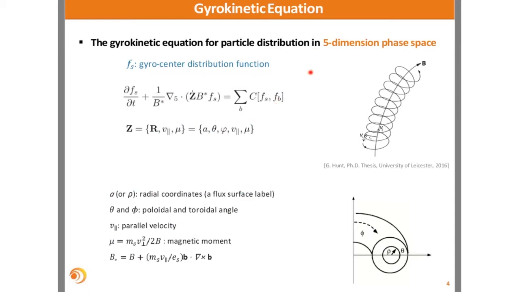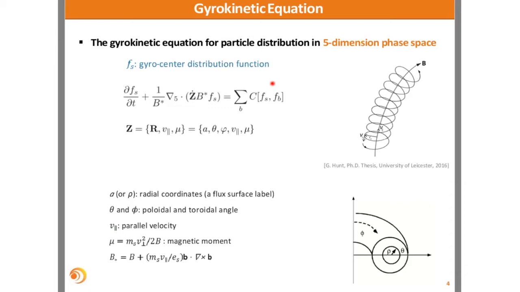So we have 3D for space and 2D for velocity space, because in the tokamak there is a strong magnetic field and all the charged particles have a gyro motion, and this gyro motion is so fast and not very interesting. What we are interested in is the motion of the guiding center. So we use two velocity dimensions, the parallel direction and the perpendicular direction, and reduce the problem to 5 dimensions.